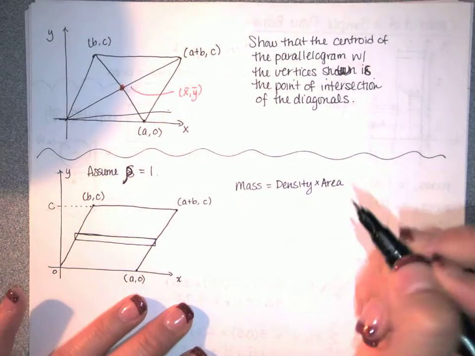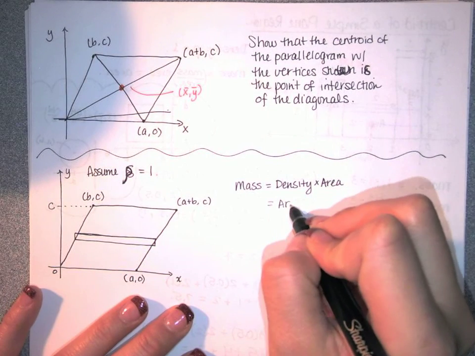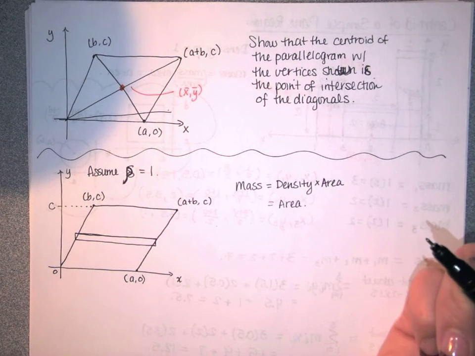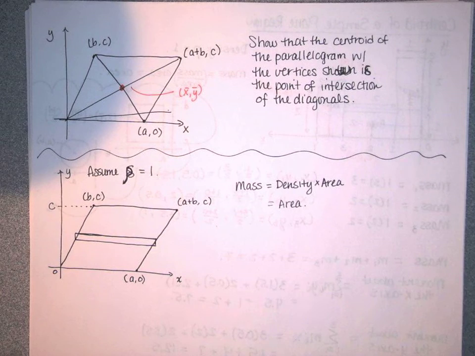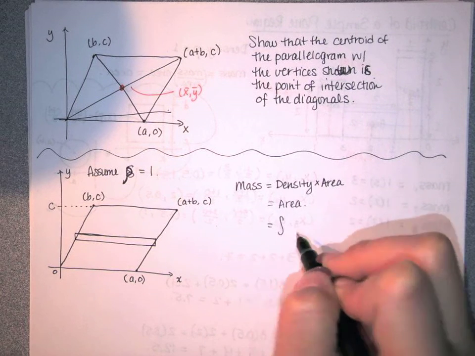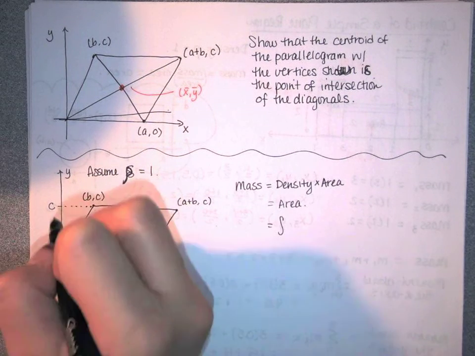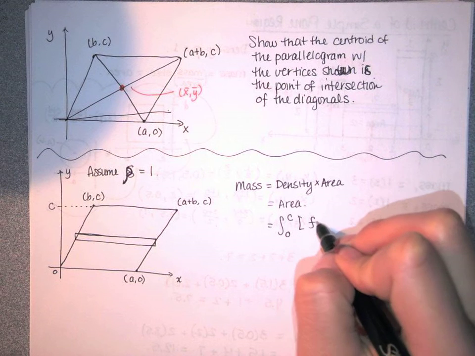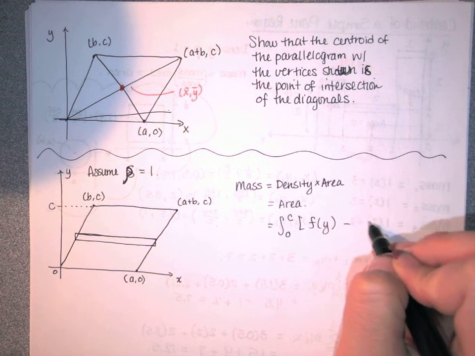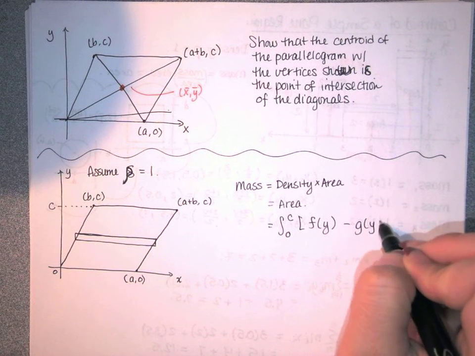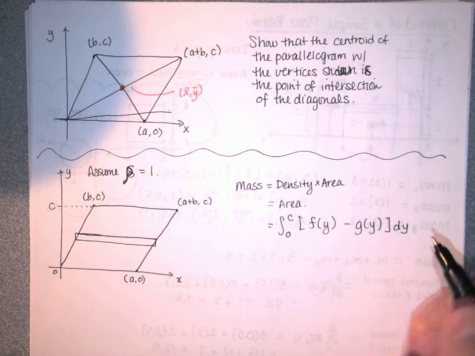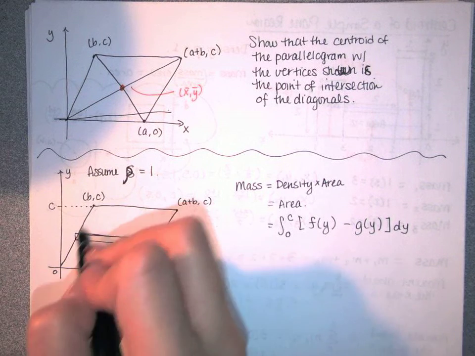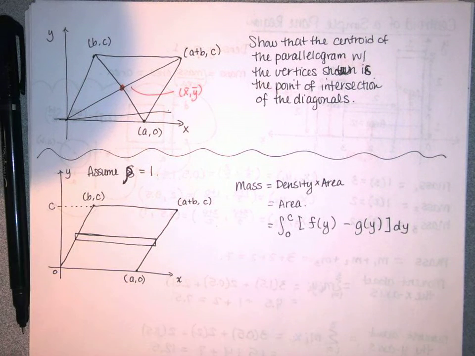So we're going to assume density equals 1, so the mass and the area are going to be exactly the same thing. So to find the area, I'm going to integrate from this y value to this y value, so from 0 to c. And I need the top function minus the bottom function. Or, since we're integrating with respect to y, I need x on the right minus x on the left.